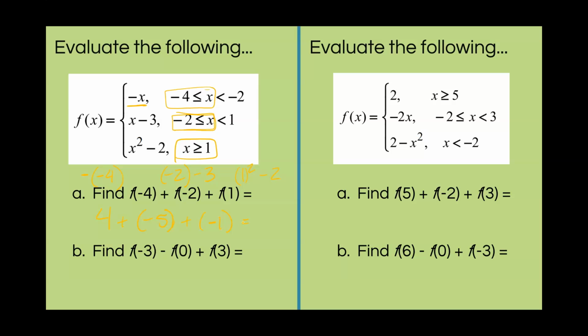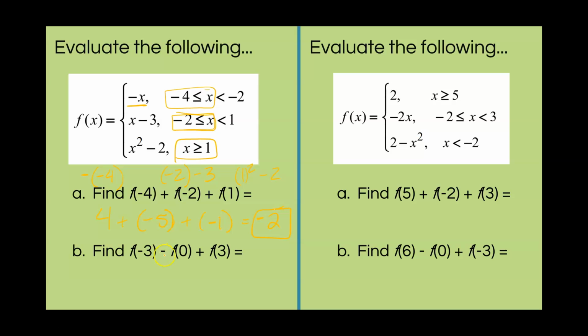I'm going to add all these numbers together, okay? I'm going to say 4 plus negative 5 plus negative 1, and I'm going to get negative 2 as my answer. So we're doing the same thing we've been doing. We're just combining those parts together and adding them together, okay?